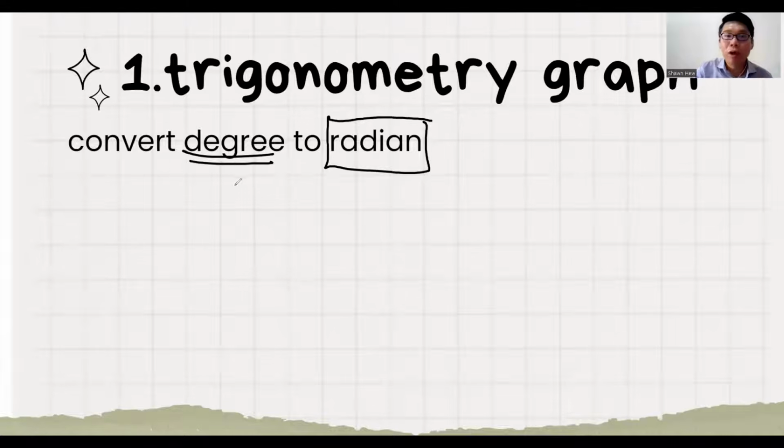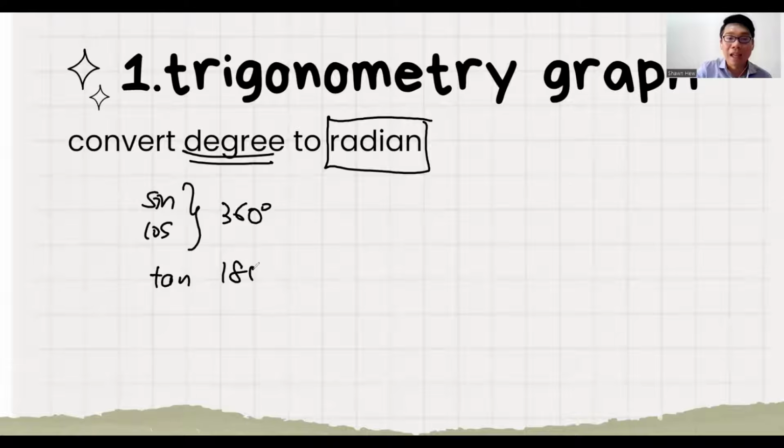Previously we know the period for sine and cos is 360 degrees, and tangent is 180 degrees. How is this angle changed to radians? The thing that you need to know is 180 degrees always equals pi radians. After you know this, what is 360?